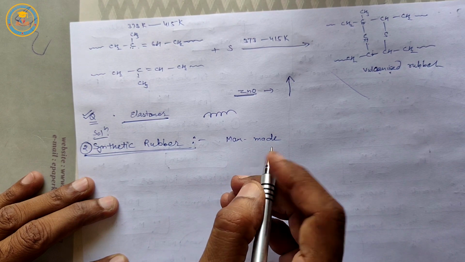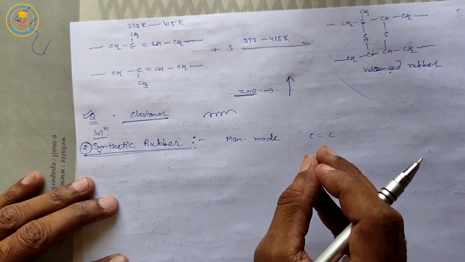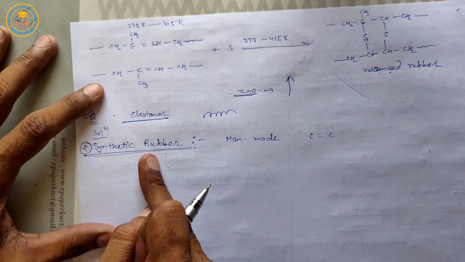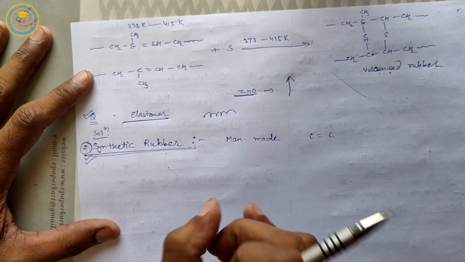They also contain a carbon-carbon double bond, so synthetic rubber can also be vulcanized. Very, very important.